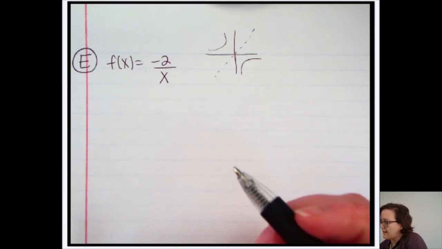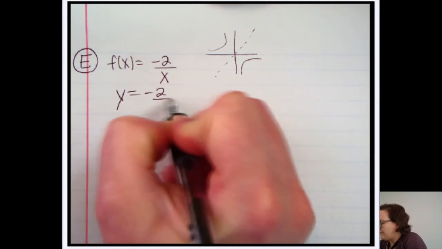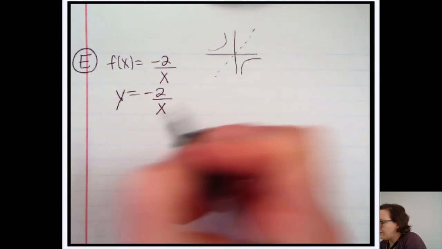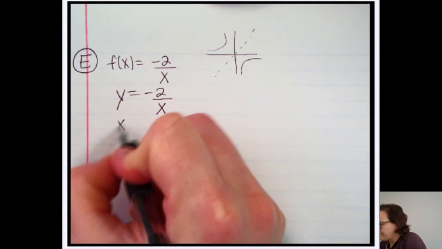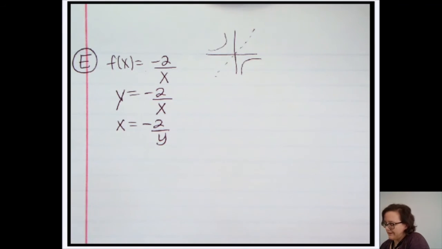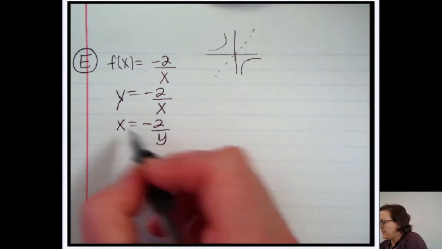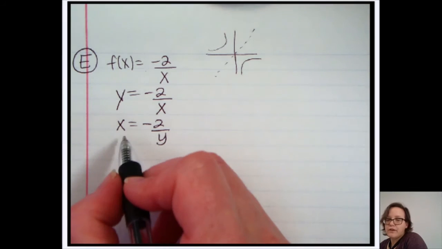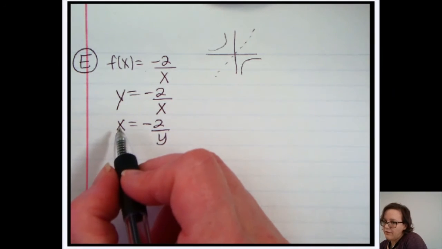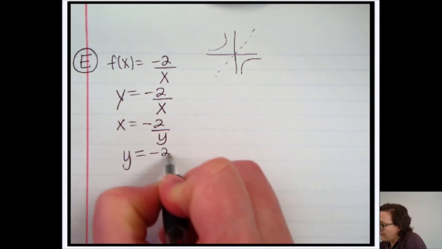Okay, but let's check. So step 1, replace with y. Okay. Step 2, switch places. Step 3 is get y by itself. And if you remember our cross multiplying trick, if we can switch places on diagonals, so this is just y equals negative 2 over x.